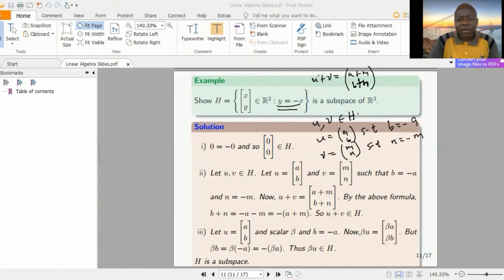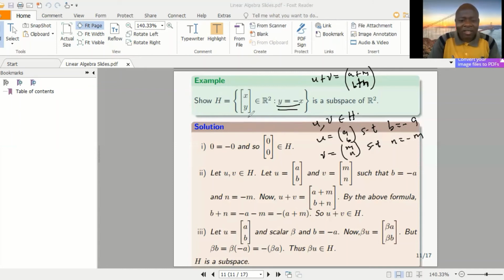So this is the sum of u and v. Now, my duty is to show that the second element is negative the first element.